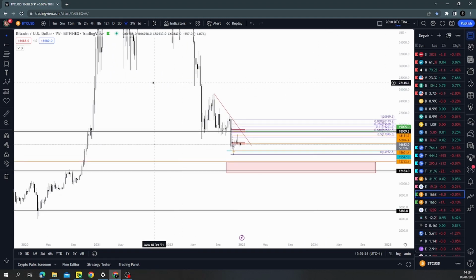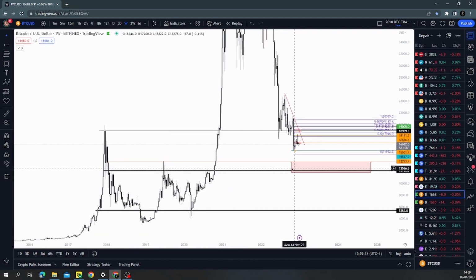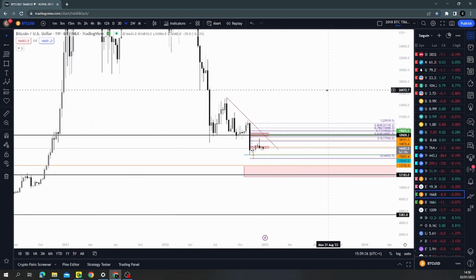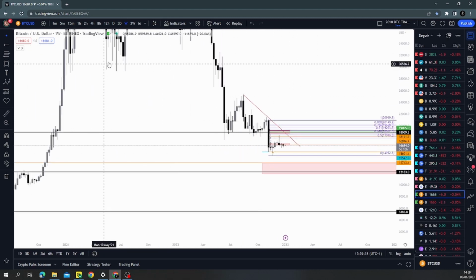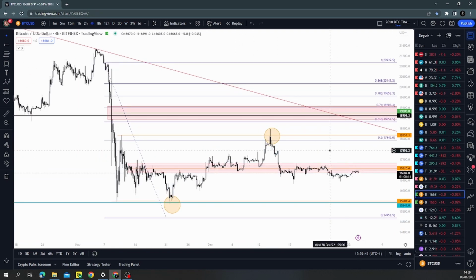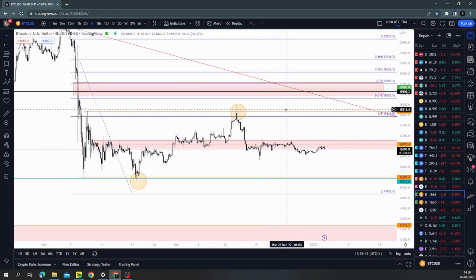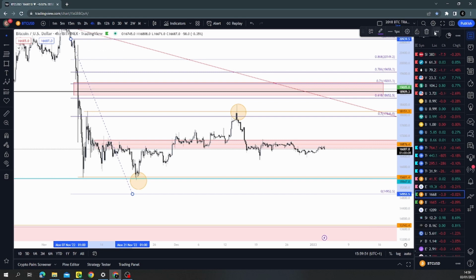We have the confluence of the Fibonacci, we have the confluence of the middle point of the weekly range, we have some support, and we are missing 2 drives from the 4-hour time frame. Now that we identified our areas, let's clean the charts a little bit. We remove these fibs.